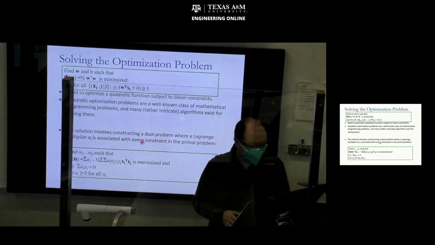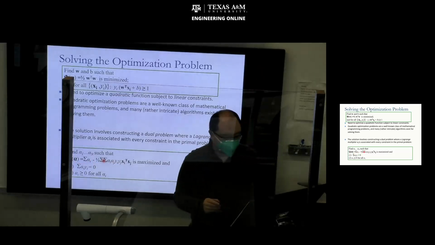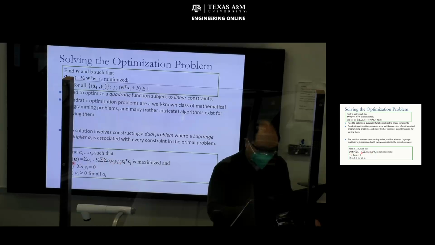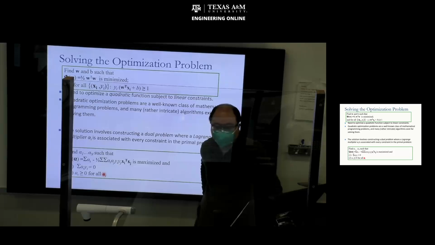So in this case, the dual problem is finding the optimal dual variables, so that we can rewrite this dual form, and then we are just maximizing this, subject to the sum of alpha i yi equal to 0, and alpha i bigger than or equal to 0. Okay, so this is our dual form.